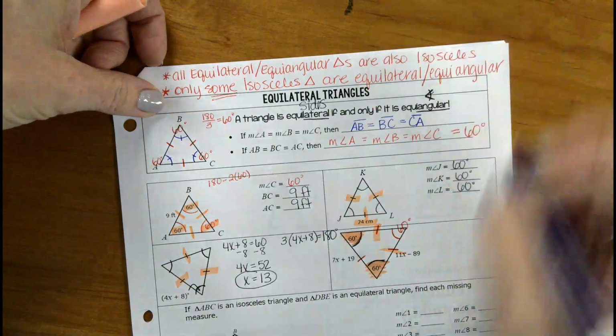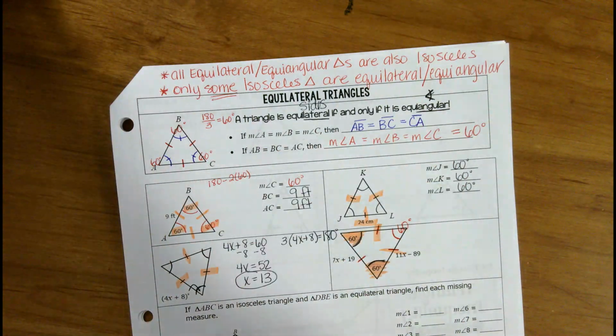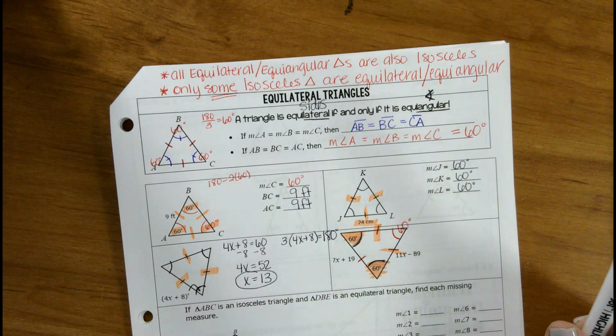Okay, so it's kind of like the rectangle square. All squares are rectangles, but only some rectangles are squares. And we will get to that. Okay.